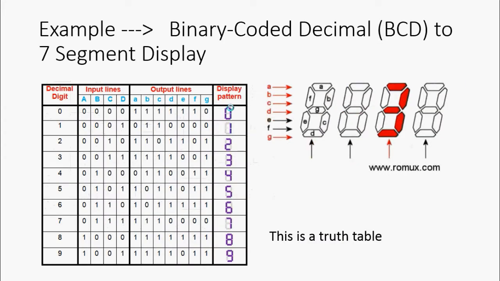We can see another example on a binary coded decimal to 7-segment display. We are going to learn how to apply Boolean algebra laws in order to create an output from 0 to 9 on a 7-segment display.